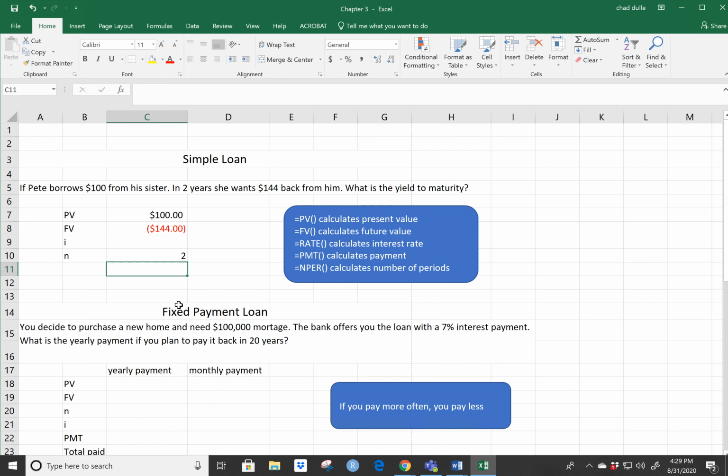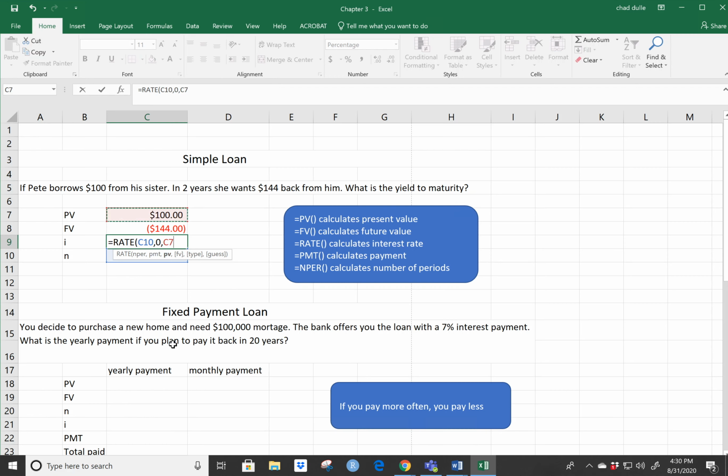N is 2. And from the right here, we can see that rate is what we're looking for, which is the yield to maturity or the interest rate. And Excel tells you here which arguments it's asking for. So nper is N, number of periods. Payment, in this case, is 0. He pays it all back at the end in one lump sum.